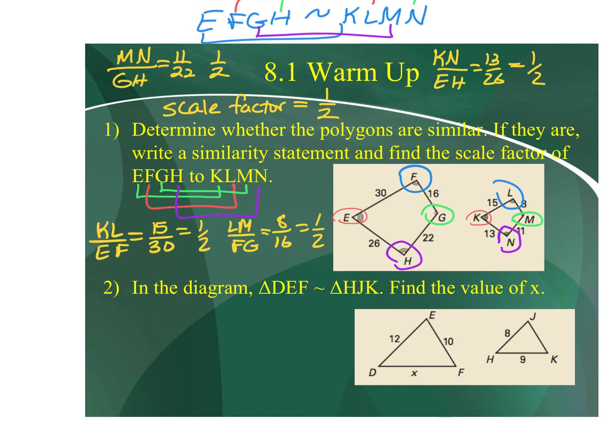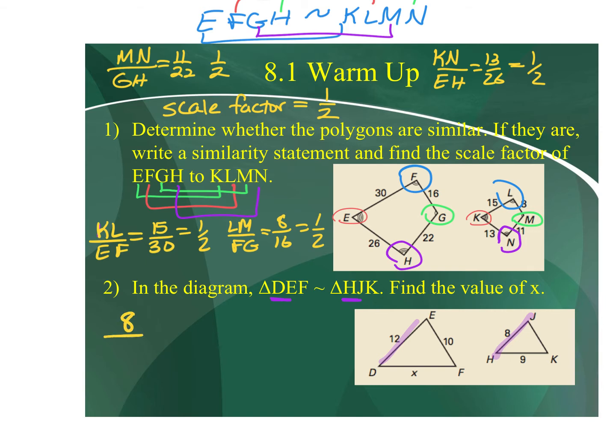So for here, again, I'm going to look for my scale factor. They've given me the similarity statement. So I can go through here and see that the first two letters, DE, are going to match with the first two letters here, HJ. So this side here, DE, is going to match with HJ. That's how I'm going to get my scale factor.